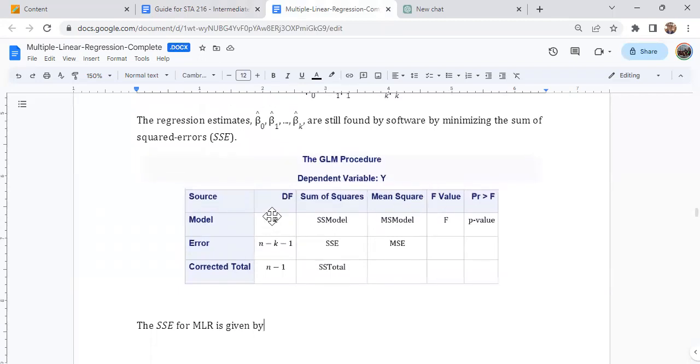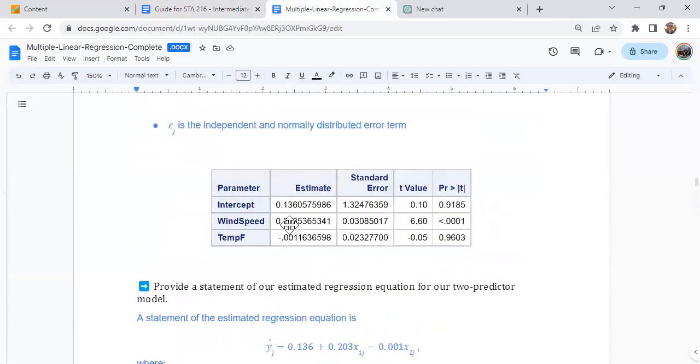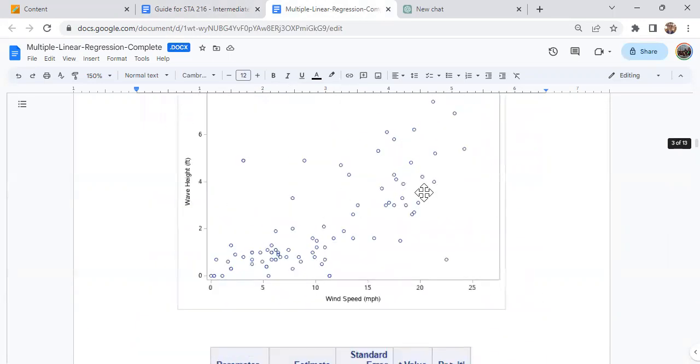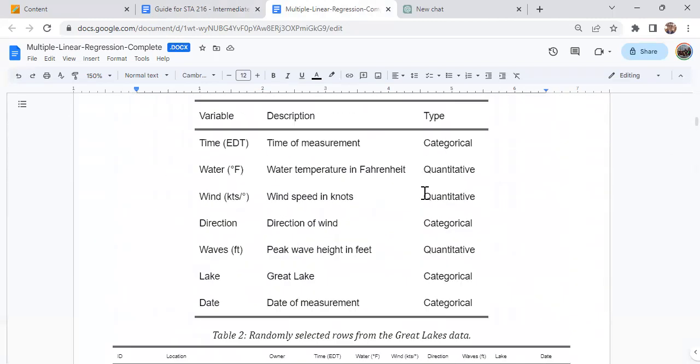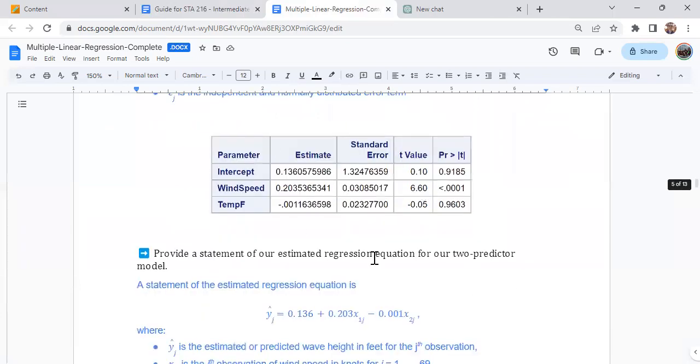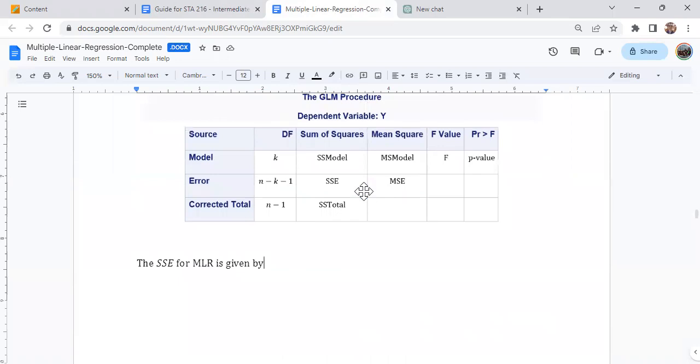Knowing that K is the number of predictors, N is the sample size, you could be given model output like this, and given the sample size, we could fill in the whole degrees of freedom column, for example.